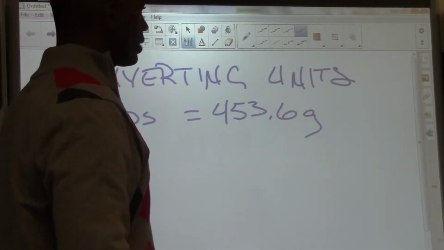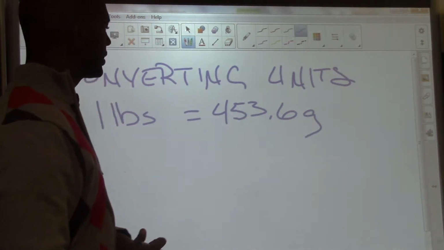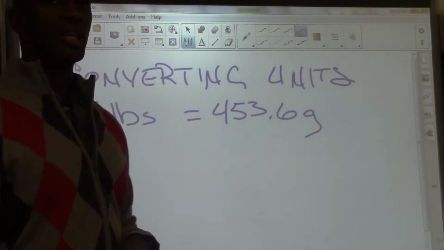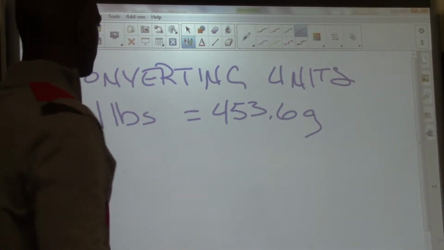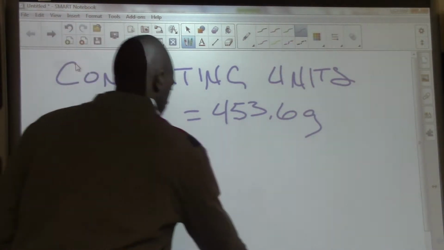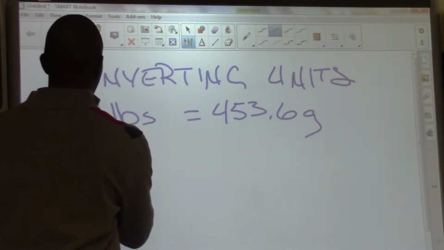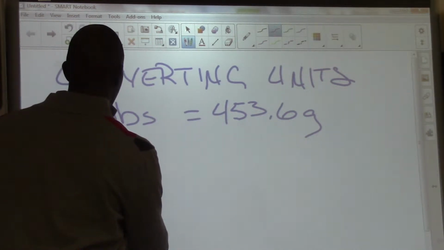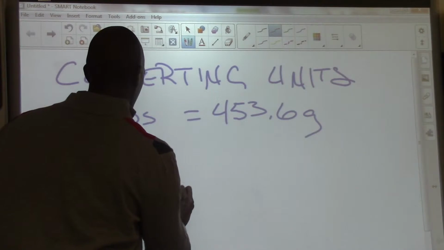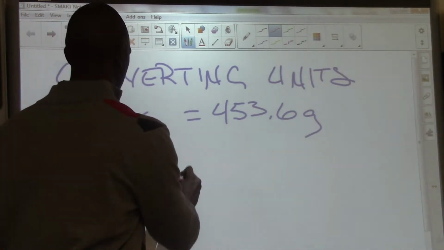Now that we know that 1 pound equals 453.6 grams, we're going to set that up as a ratio, 1 pound to 453.6 grams.